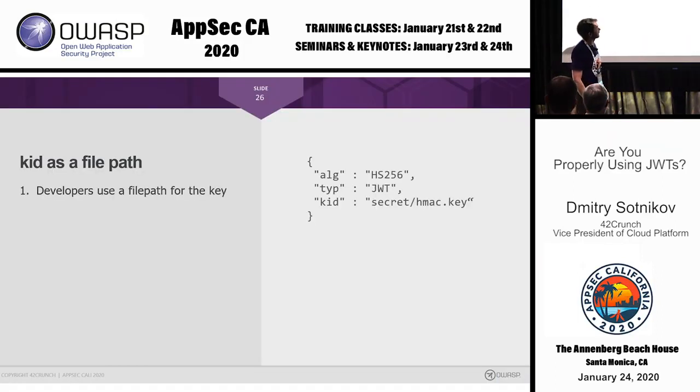Another interesting thing is that you should never send the key in the header, but you can send the key ID. Remember we talked about if you have multiple keys, it's safer to just say use key number 5, key number 3. The standard doesn't say what a key ID is, and sometimes people use a file name.